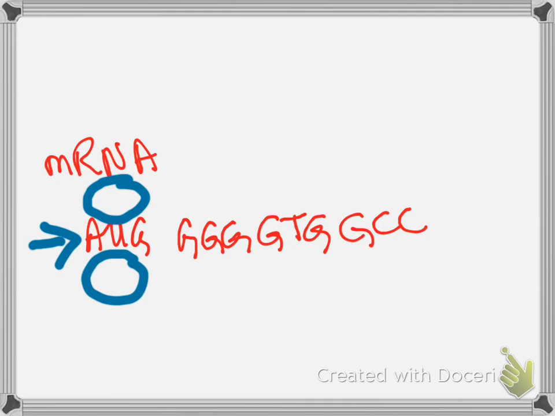So the acceptor site is the first site. When that transfer RNA grabs your amino acid, I'm not going to draw it correctly, but you have your transfer RNA, it's going to bring that transfer RNA into the A site.